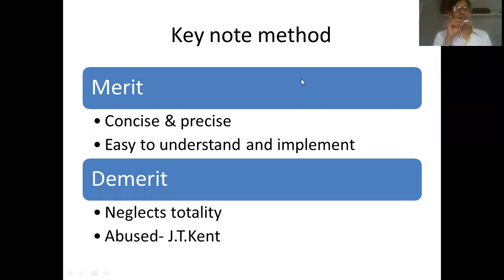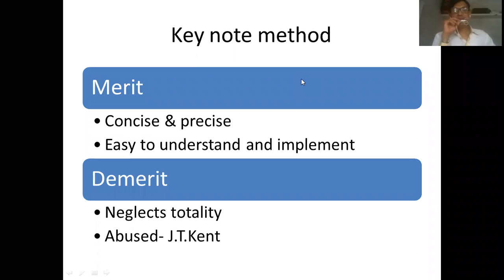And the demerit, this is a very important topic, that is the disadvantages of the keynote method. One disadvantage is that it neglects the totality of symptoms, which is a very important concept of the Organon, which says that while prescribing, you have to consider the person as a whole and not one or two symptoms belonging to a specific part.